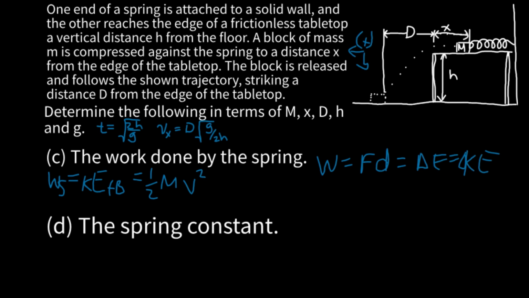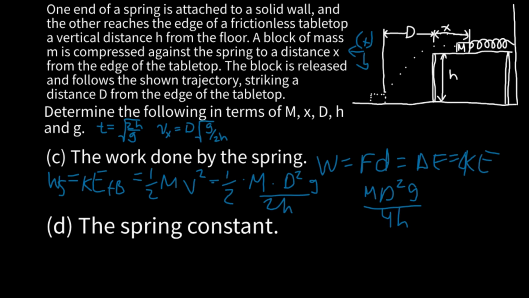We have that from part B, so we can write 1/2 times m times squaring this expression here will give us d squared g over 2h, and we can write that as m d squared g over 4h.